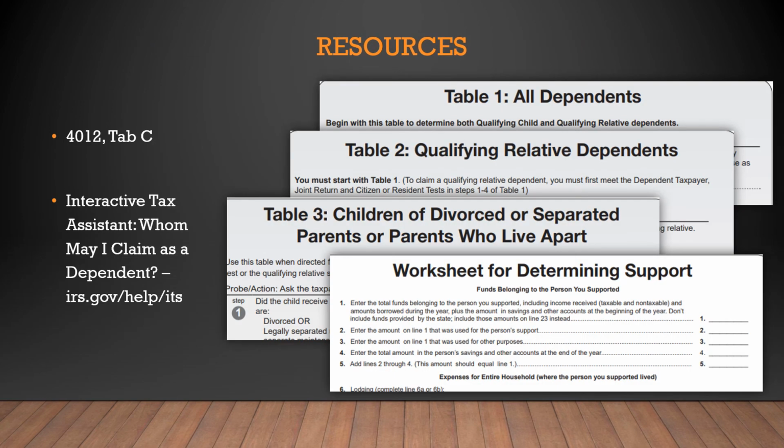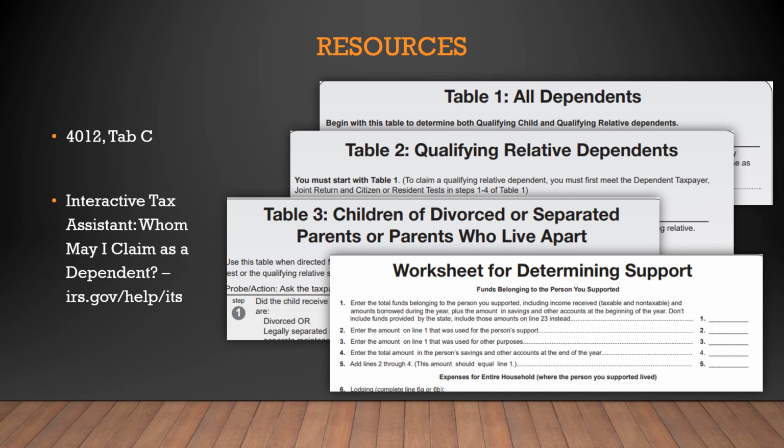And here are some resources to help you in determining whether or not a potential dependent can be claimed by our taxpayer. We have some tables that have some questions, and you run through the flow and the process, and it helps you know whether this person can be claimed by the taxpayer. Those can be found in Publication 4012 in Tab C. Additionally, there's a worksheet in there for determining support.